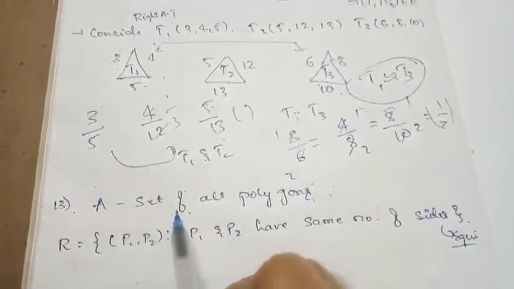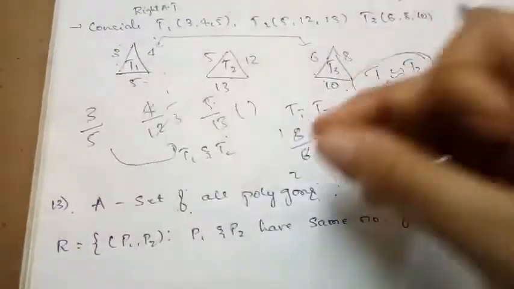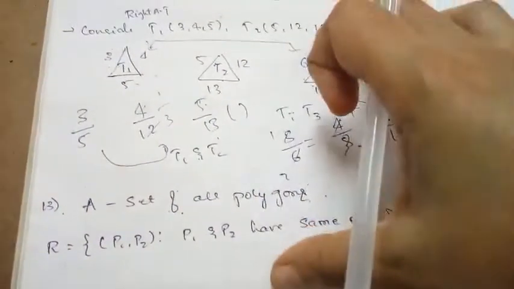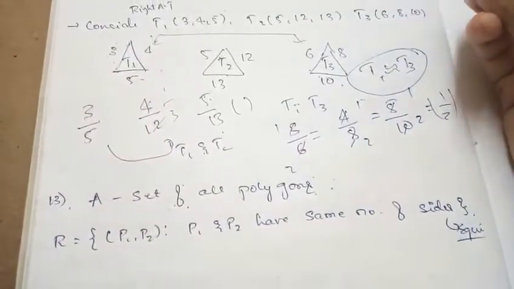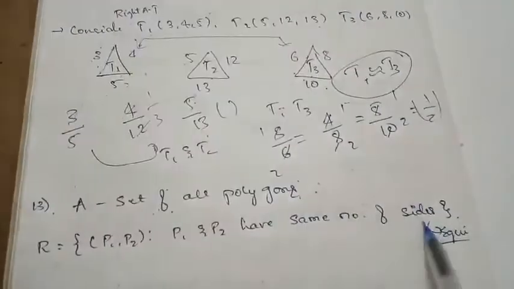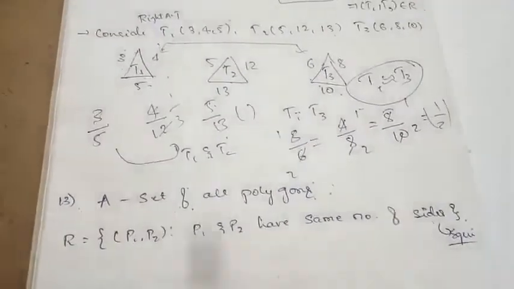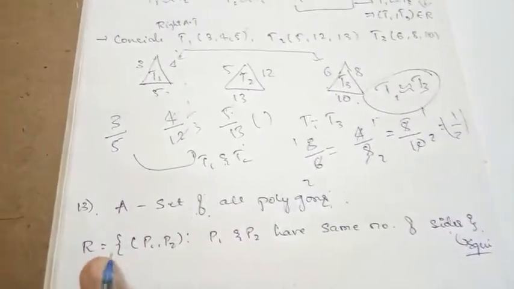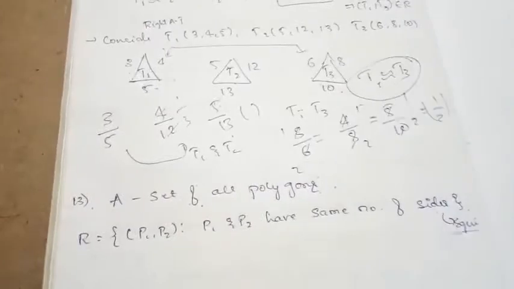From that set, if I take any two polygons, and those two polygons have the same number of sides, then we take those two polygons in one relation. That is what the relation is saying.